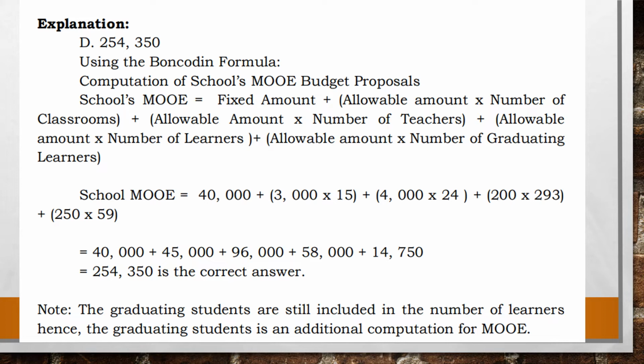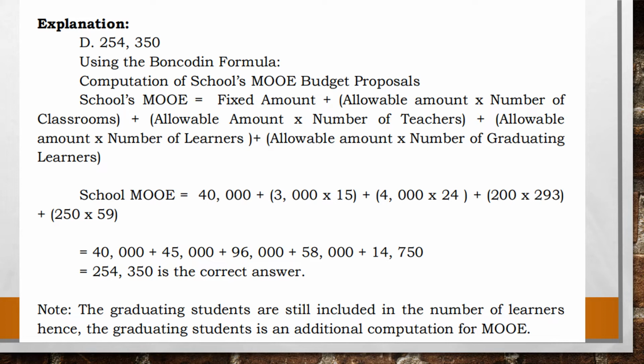Plus, per learner for elementary is 200 pesos. So we have 200 times 293, the number of learners from K1 to grade 5. And there is allowable amount for the number of graduating learners. So we have 250 pesos, mas mataas yung allocation ng graduating students or graduating learners, times 59 graduating learners.